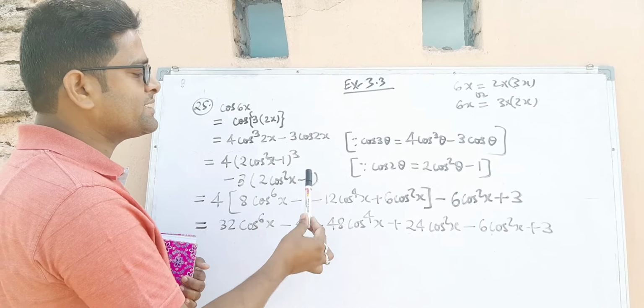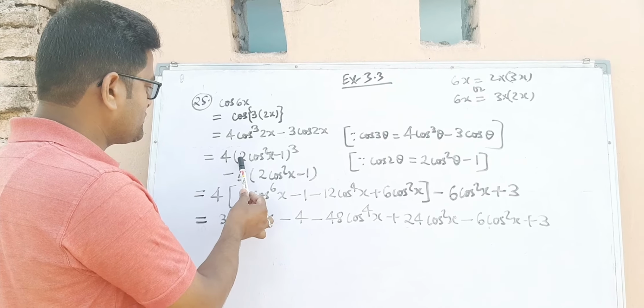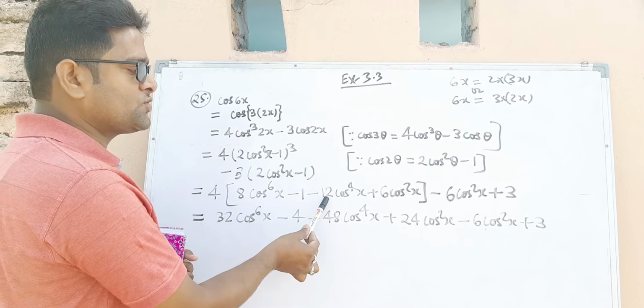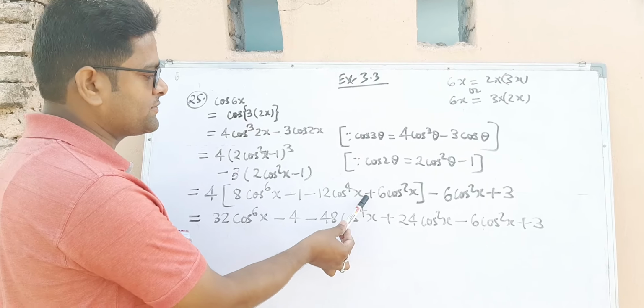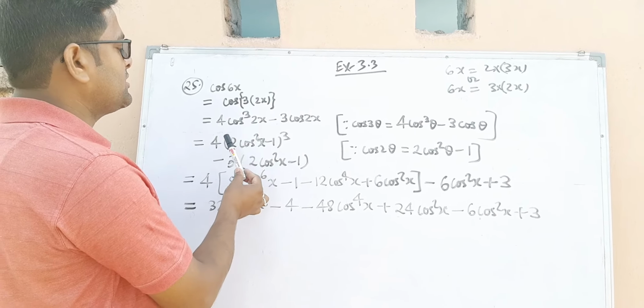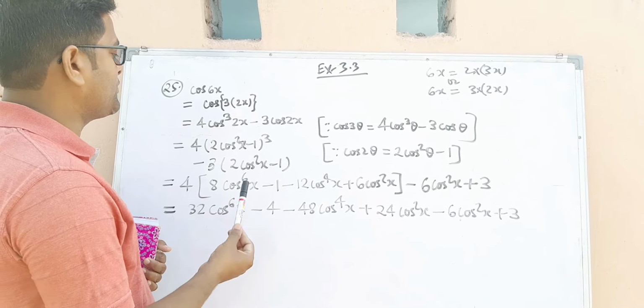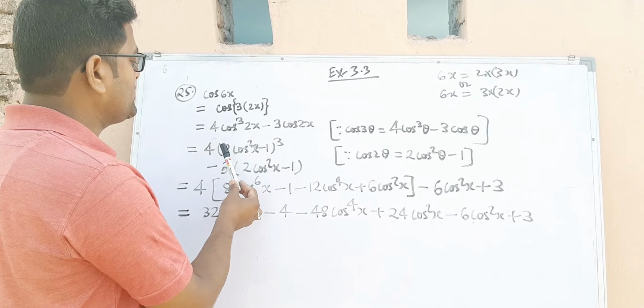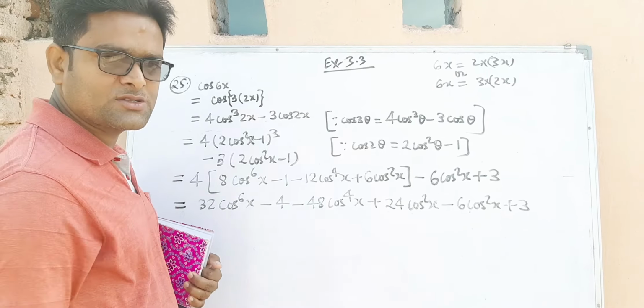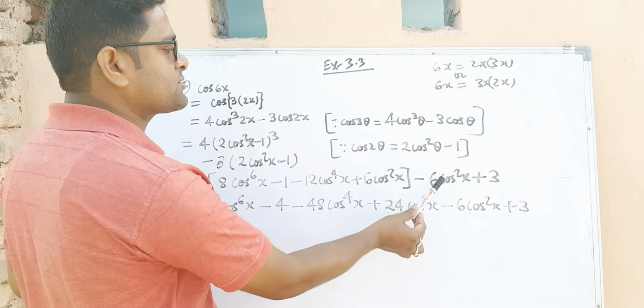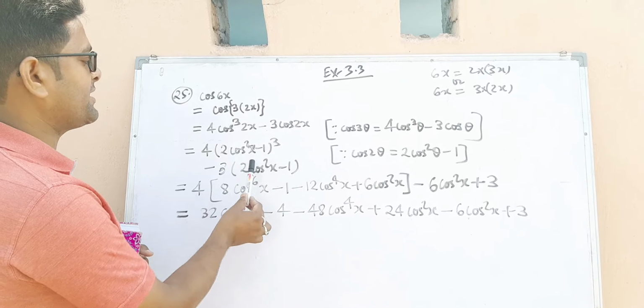Then 3a square b. So a square is 4, into 3 is 12, and it is cos to the power 4x. Then 3ab square: 3 into 2 is 6 cos square x, into b square, minus 1 square is 1, so it is 6 cos square x. Now here also 3 into 2 is 6 cos square x, plus 3, you think minus is also multiplied.